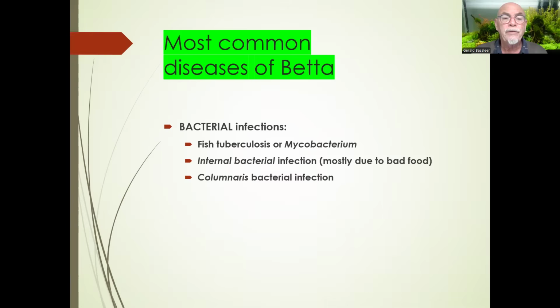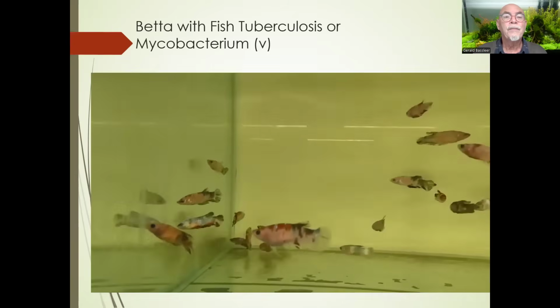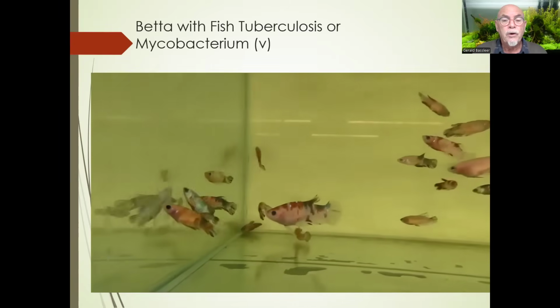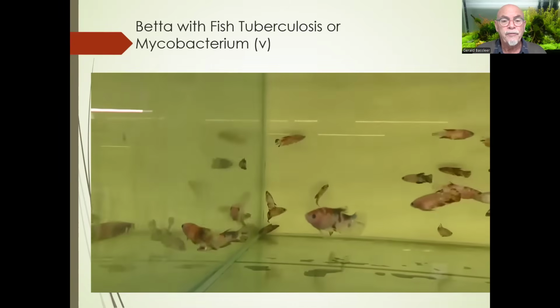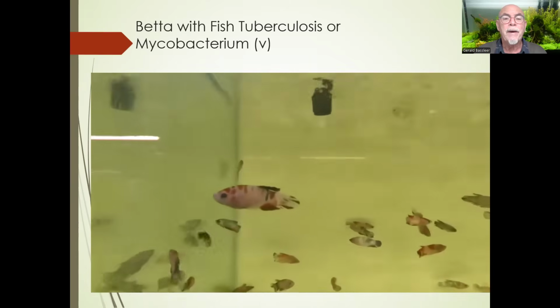And the Columnaris bacterial infection. And then we have parasitic infections like velvet disease or Oodinium, scientific name Piscinoodinium, and white spot disease or Ichthyophthirius.